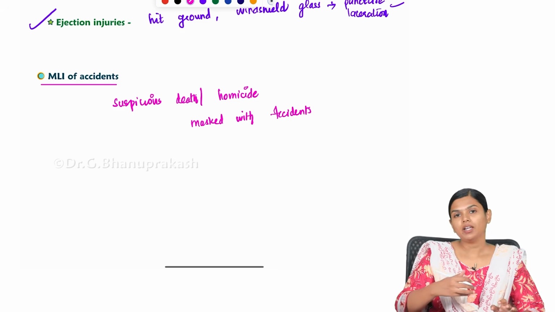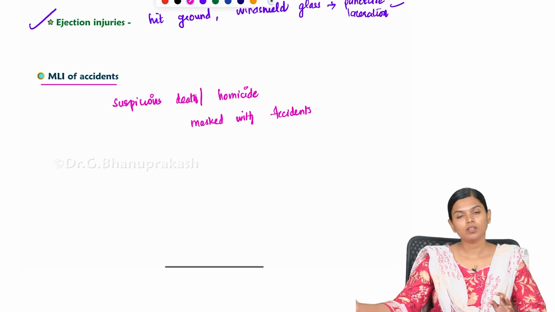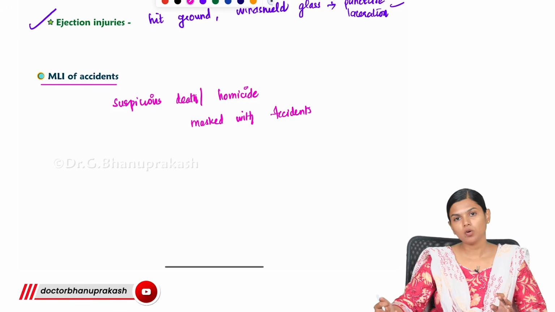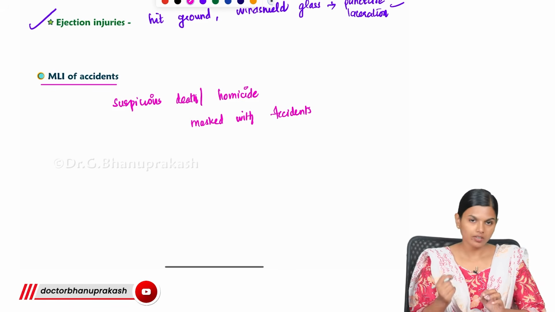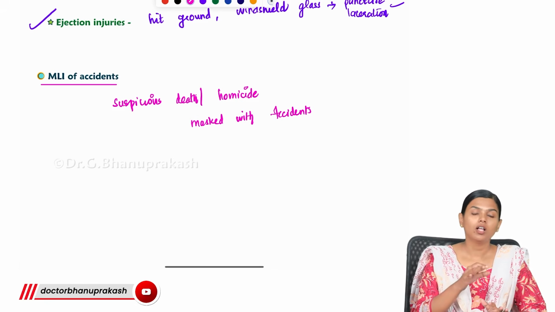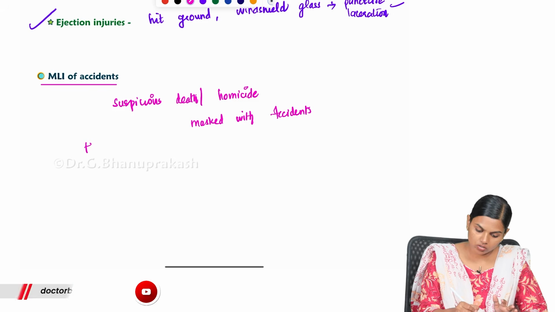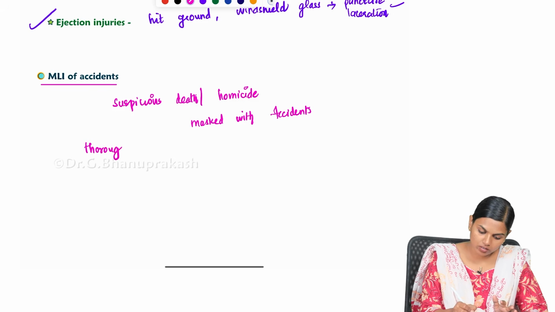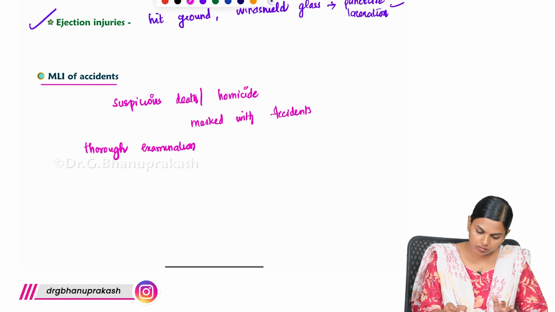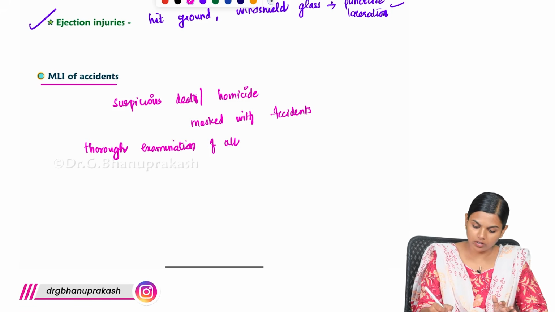They will kill somebody and throw the body on the highway, so the vehicle will come and run over the body and it may look like an accident. So you have to thoroughly examine all the injuries. Thorough examination of all injuries is important.